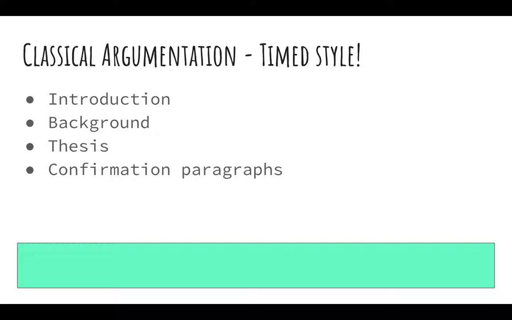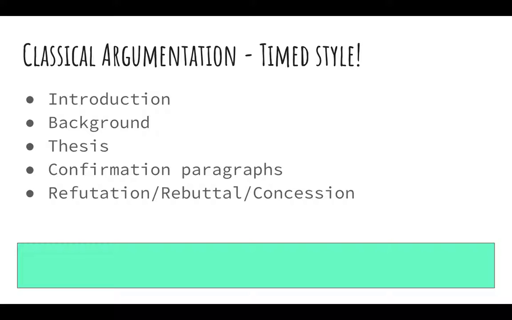So that's confirmation paragraphs. And then you go into your refutation. What's important, and a lot of people left this out on the last synthesis essay, was the rebuttal. So it's okay, you give your opponent's viewpoint, but then you have to go back and make sure that it's clear what your own is.